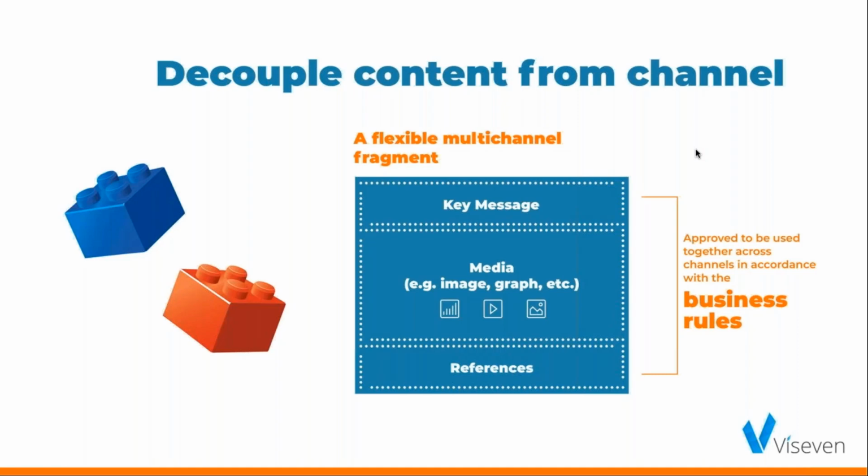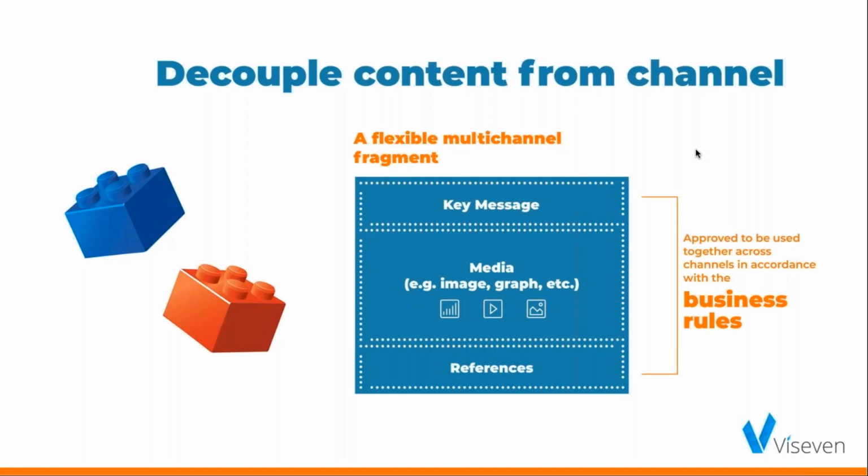For example, what should we use inside of the fragment? How will it look in the email? Let's say if there is a pop-up or something like this. So all of these aspects are ruled by the business rules.